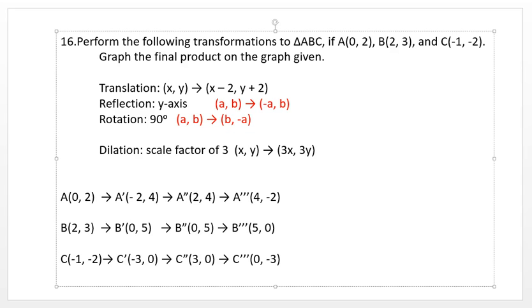And that right there is going to be your new image of the given points that you have. So given your scale factor, take that scale factor, multiply both x and y by that scale factor, and that's how you do the dilation.